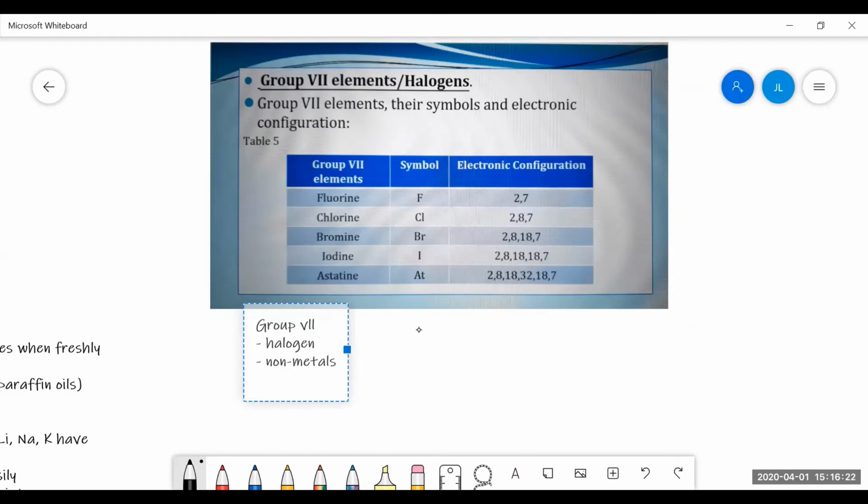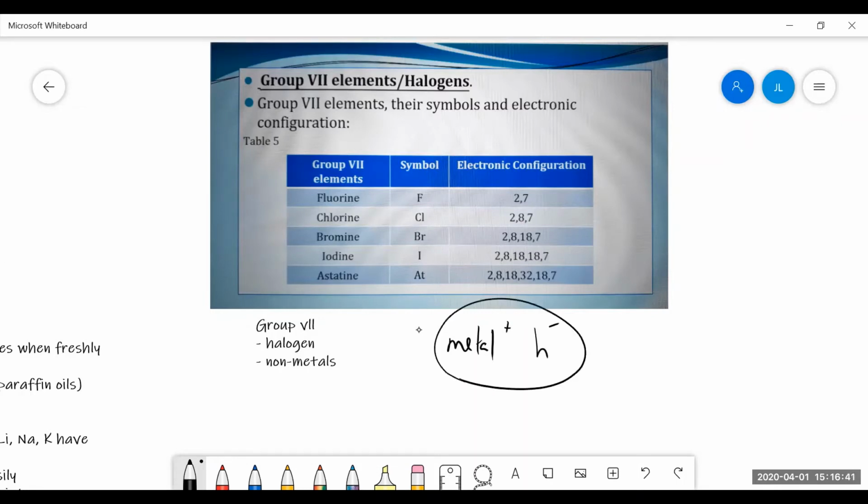So it naturally exists as metal halides, which means metal plus halogen minus. Metal halide is an ionic molecule.